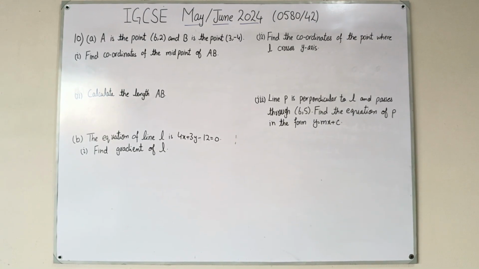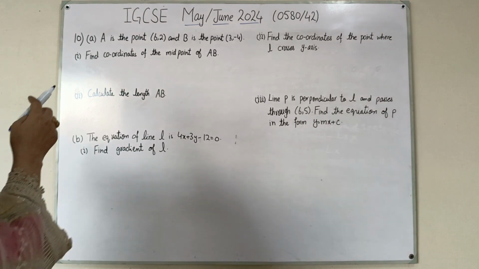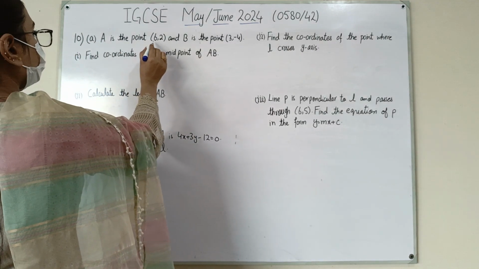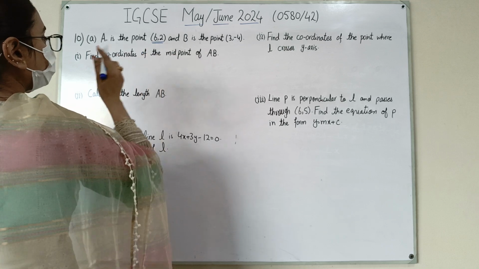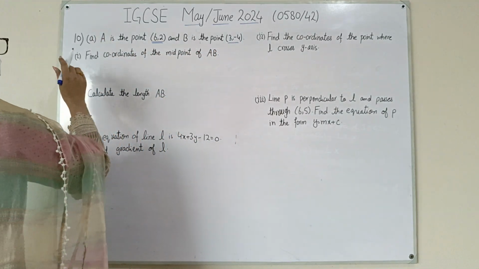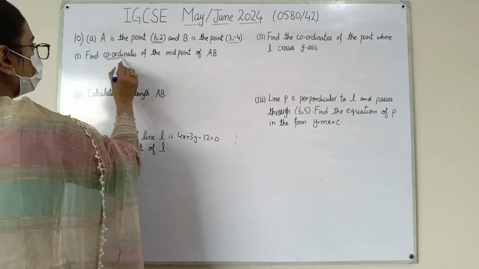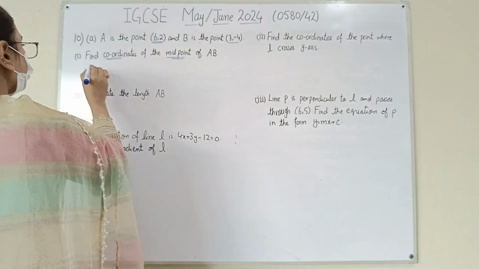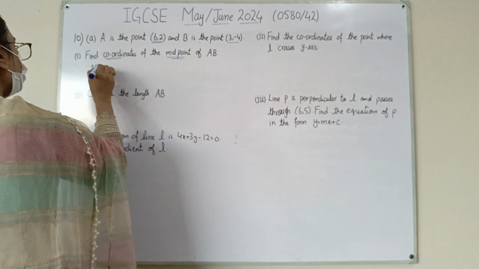The next question is quite simple. In the next question, he is saying point A has coordinates 6, 2 and point B has coordinates 3, -4. In part number 1, you have to find the coordinates of the midpoint. First of all, find the midpoint.